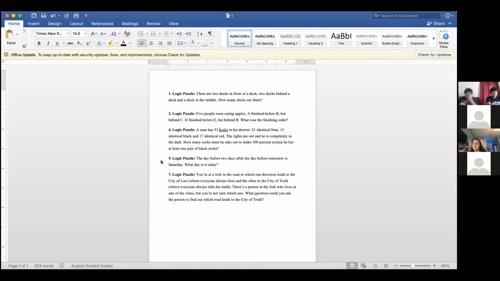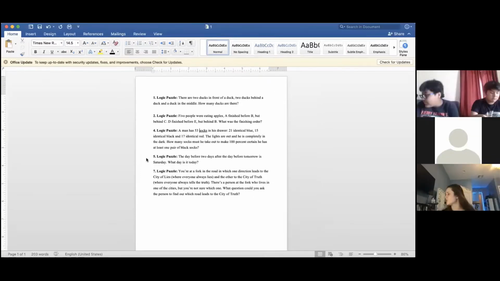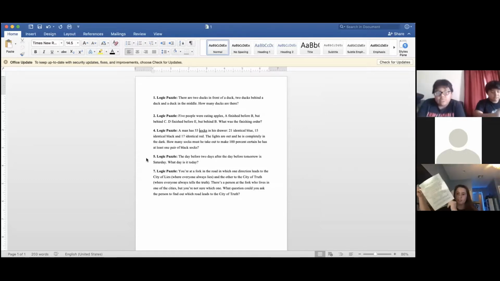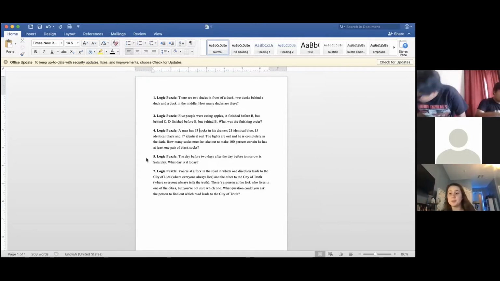But let's start with the first logic problem, which is the duck problem. What I suggest, because I had to do it as well, is just get a piece of paper. If you have the sheet, you also should have whiteboard markers, and you can literally write on it. If you mess up, just get a tissue and wipe it away.